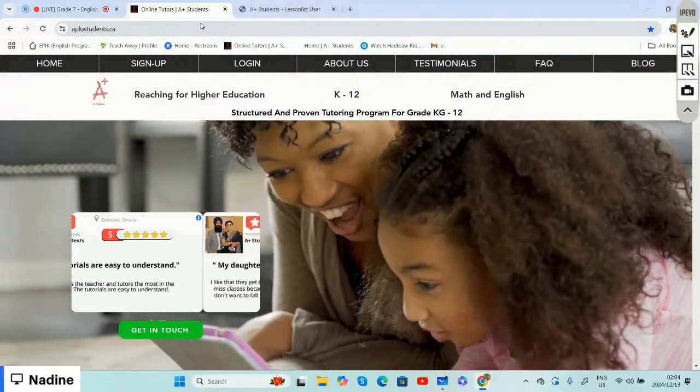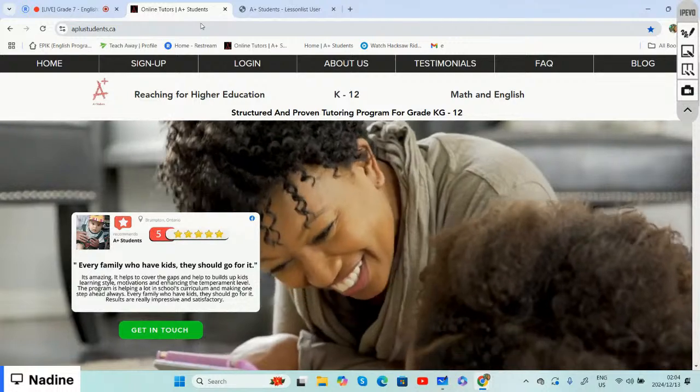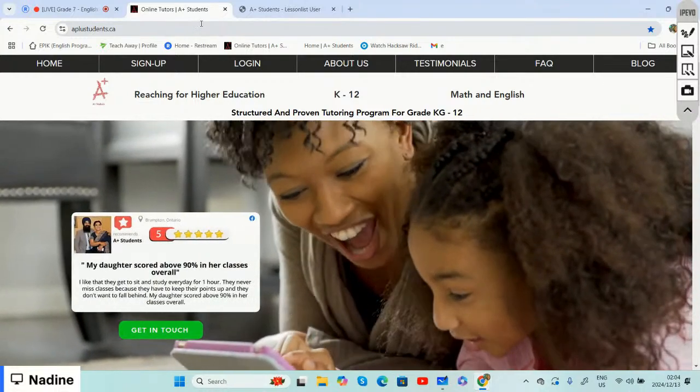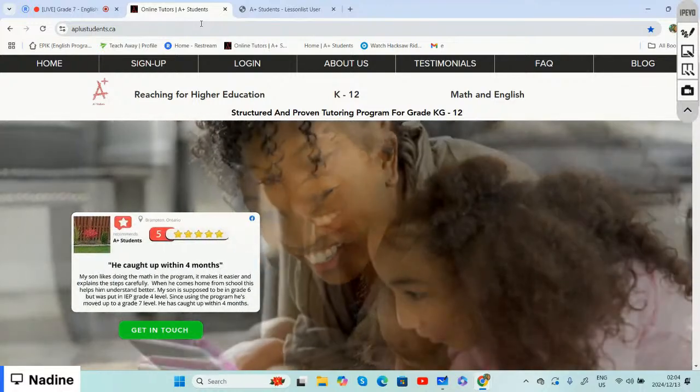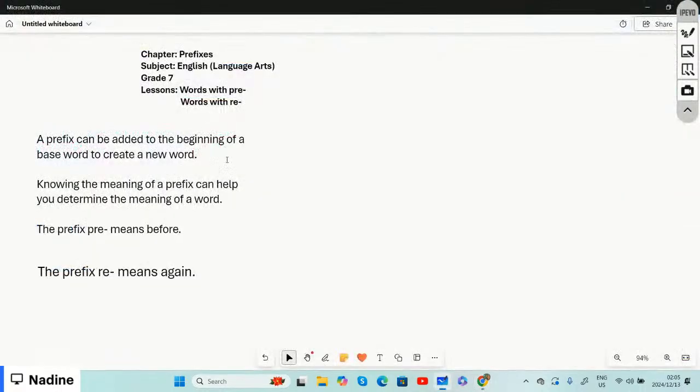And then we are going to be scrolling down until we get to our chapter of prefixes. All right, so our chapter is prefixes.